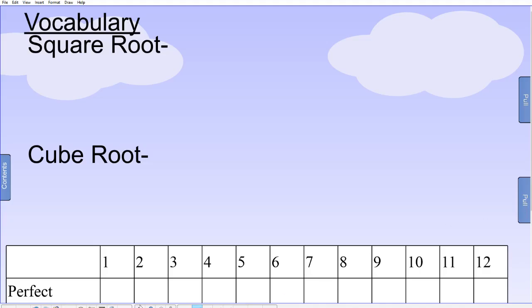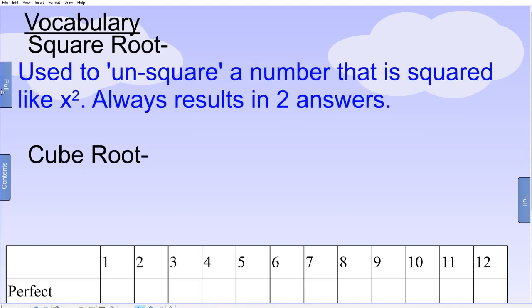So here we have two vocab words, which we should kind of already know. We have a square root, which is used to unsquare a number that has been squared, like x squared. And it always results in two answers. If you remember from previous lessons, the square root of 9 always gives you two answers, a positive 3 and a negative 3.